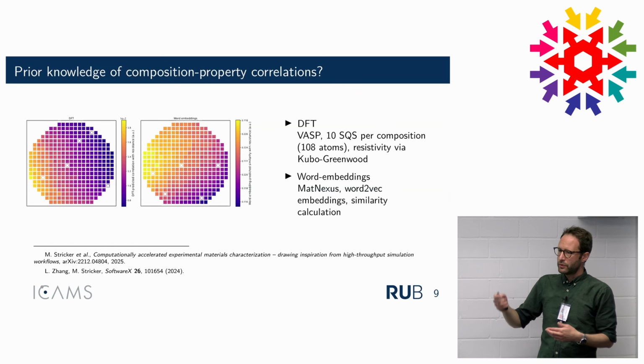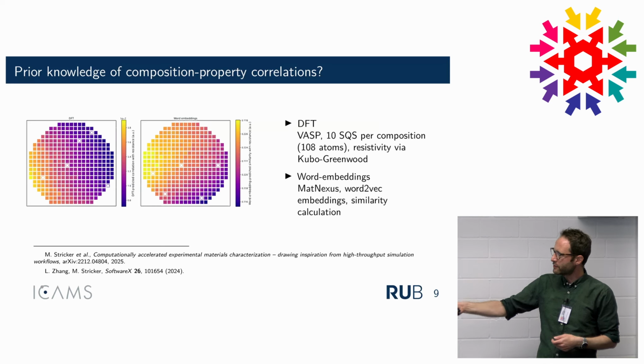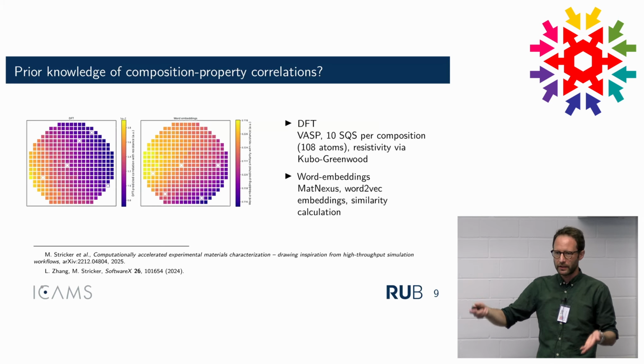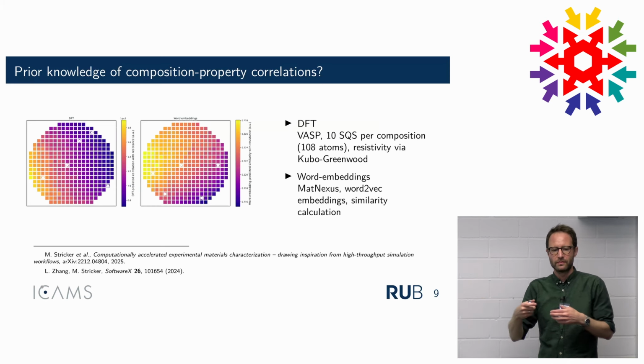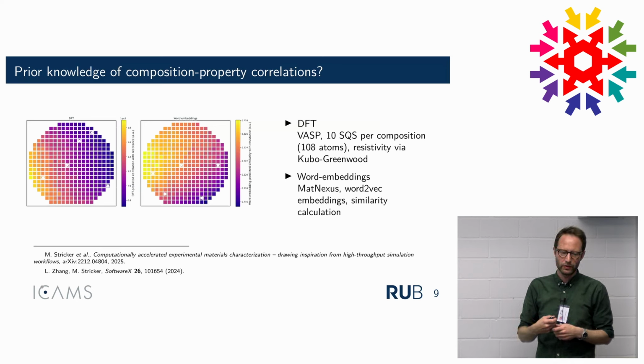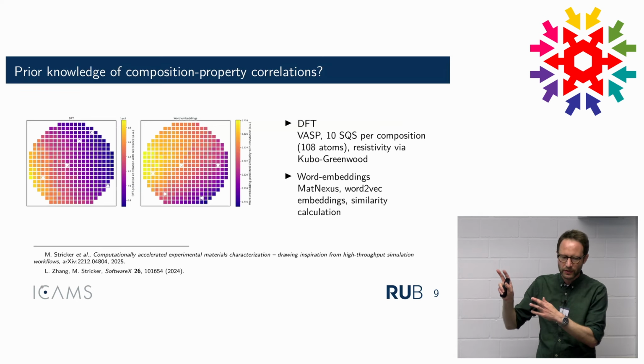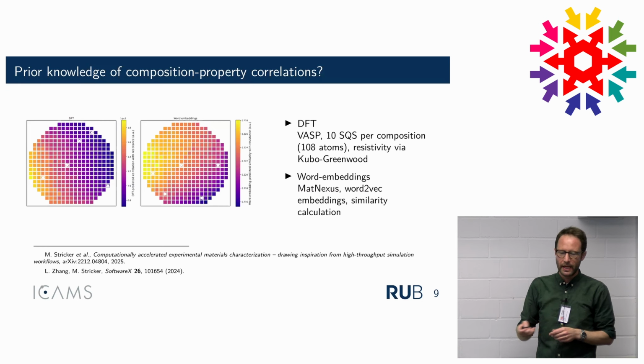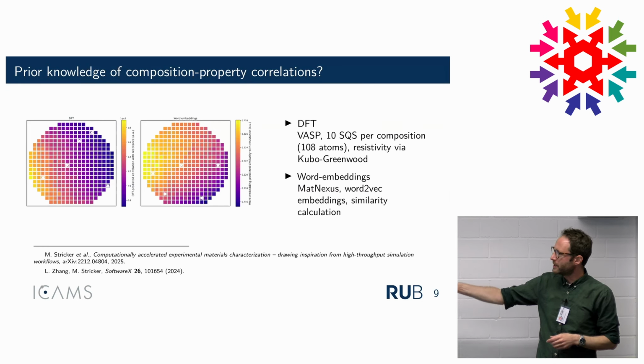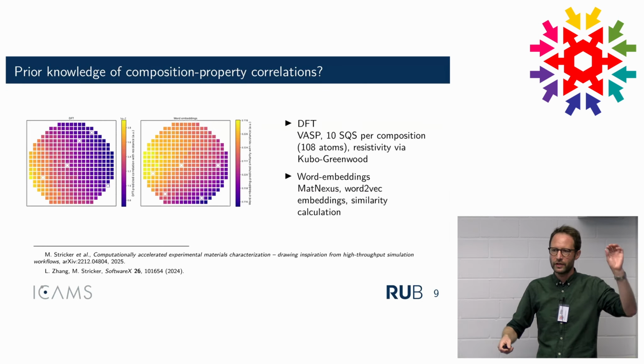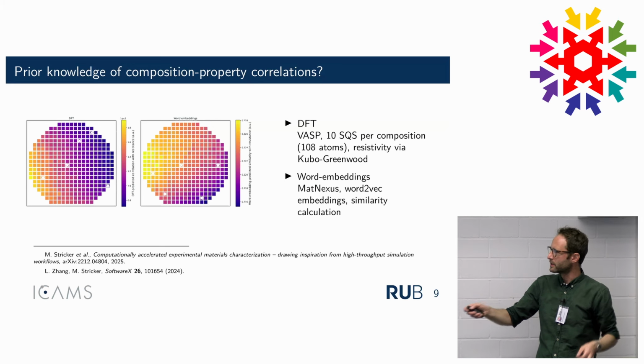And that is where we used, in one study, priors from a DFT. So we calculated something that is correlated with the resistance via a Kubo-Greenwood. I'm not the expert in this, so this was done by the collaborators. And we also used word embeddings to calculate the similarity of each composition with the resistance.